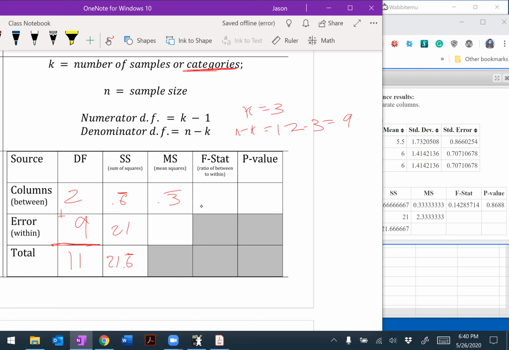And then we're going to get 2.3 for the mean sum of the squares for the error. The way we get that is we divide the sum of the squares column by the degrees of freedom. 21 over 9 is 2.3 repeated. So that's the mean sum of the squares.